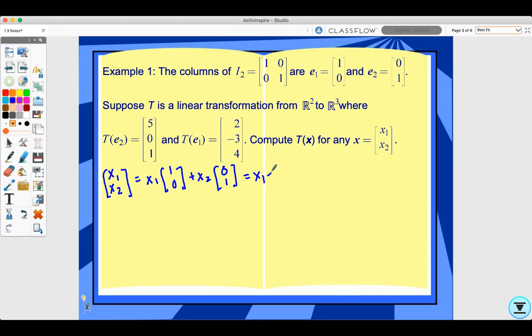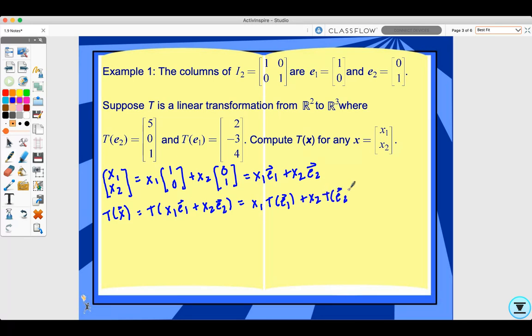So it would be x1 e1 plus x2 e2. Our transformation on x would be the transformation of x1 e1 plus x2 e2. Remember, with transformations, we can pull out that x1, and it would be x1 times the transformation of e1 plus x2 times the transformation of e2.